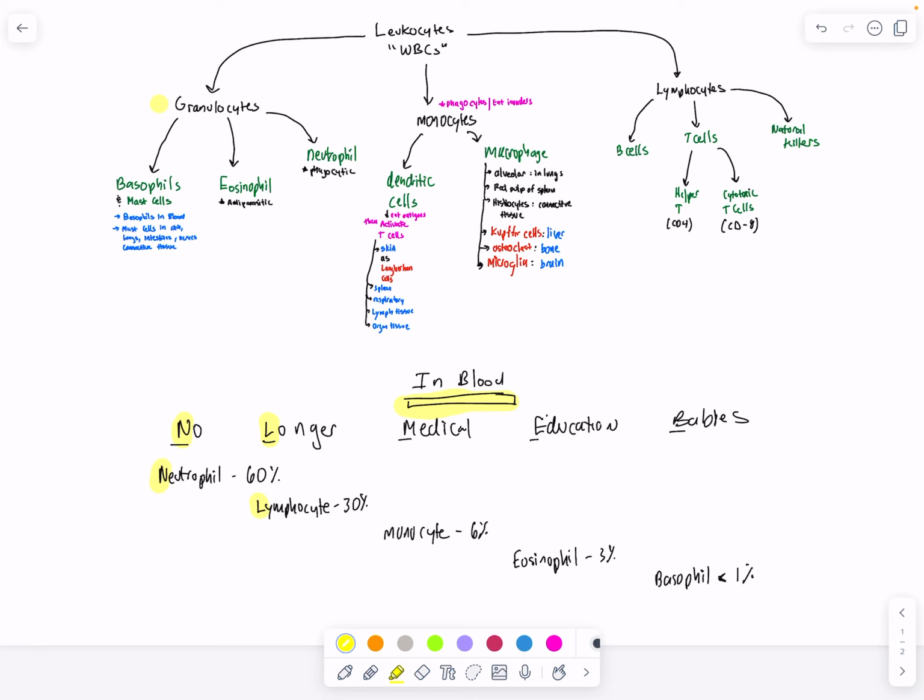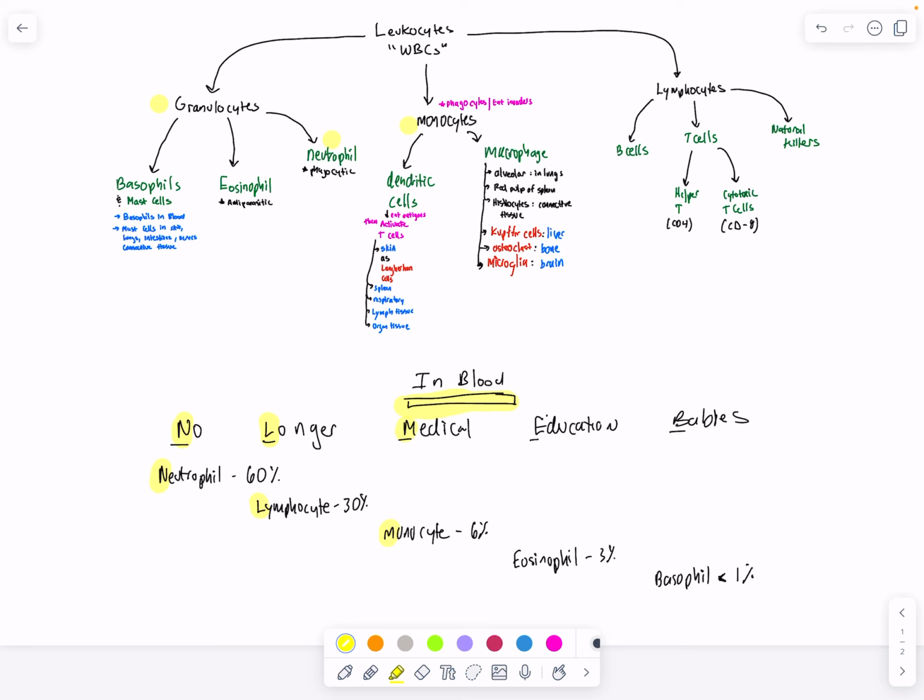Then we have M for medical is monocyte, which we will take a look at, and that's going to give us our phagocytic cells, such as macrophages and dendritic cells, but not our neutrophils, which are phagocytic, but considered to be granulocytes because they do have granules.